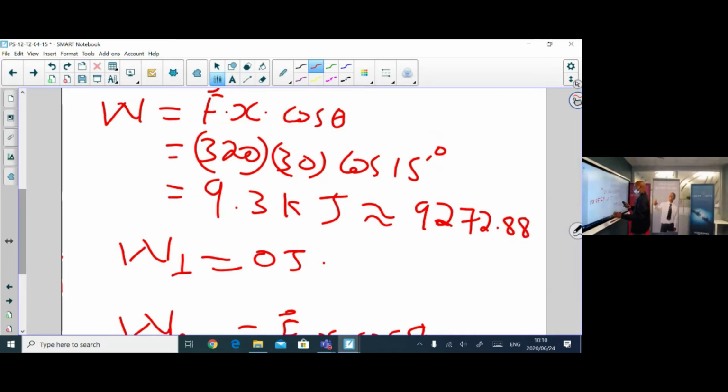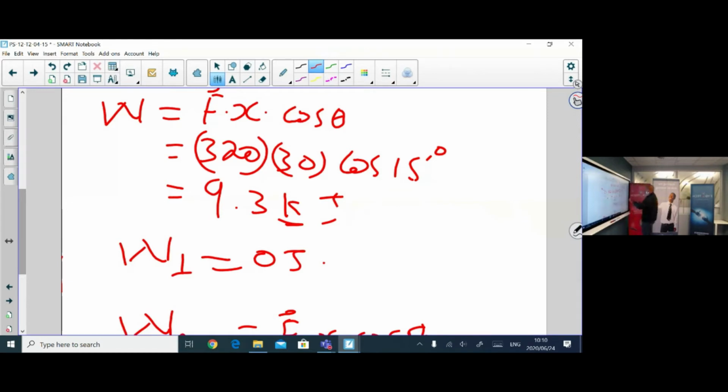In order for you to get 9.3, you have to move the decimal three places in order to get the small letter k, that is kilojoules. I hope you know why I got that.